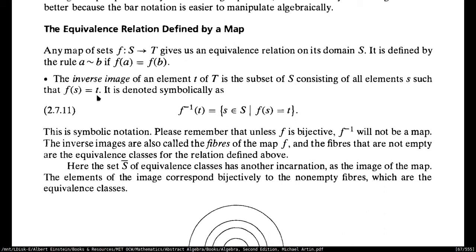So normally what you always have is the pre-image, the inverse image, is a set, but unless the function that you're taking the pre-image of is bijective, you're not going to get a map, all right? And these are also called the fibers. This is a definition that we use quite regularly in differential geometry and algebraic topology. The fibers are the inverse images of a map.